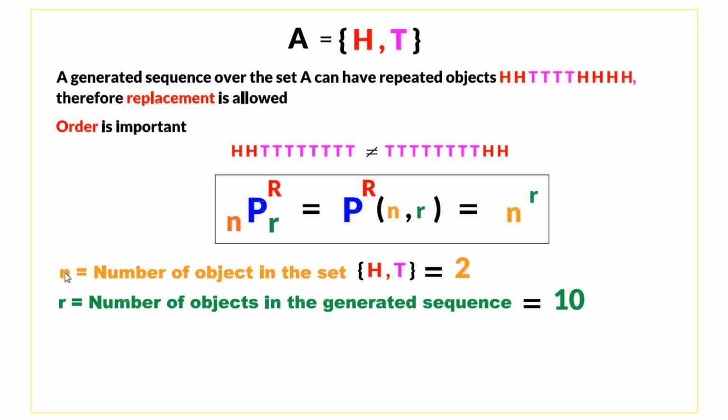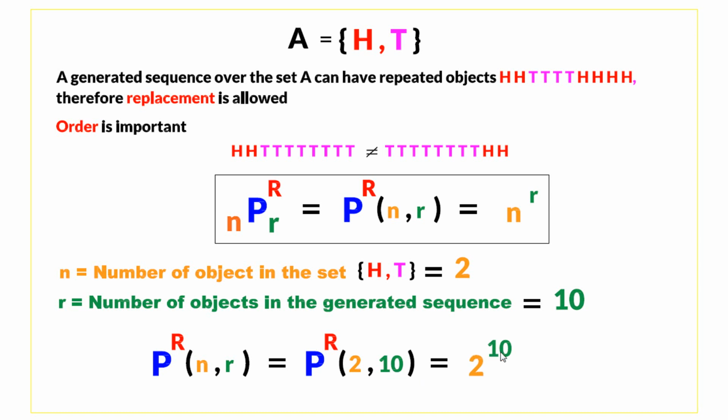Now we can substitute n and r into the permutation with replacement formula. So we substitute n with 2 and r with 10, and we get 2 to the power of 10, and this is equal to 1024 elements in the sample space.